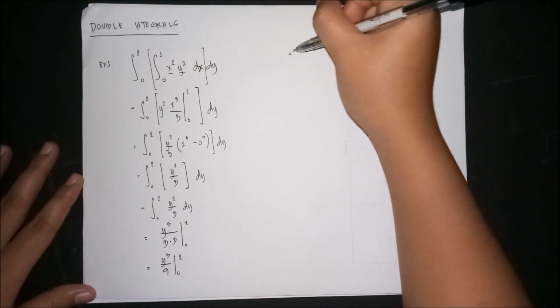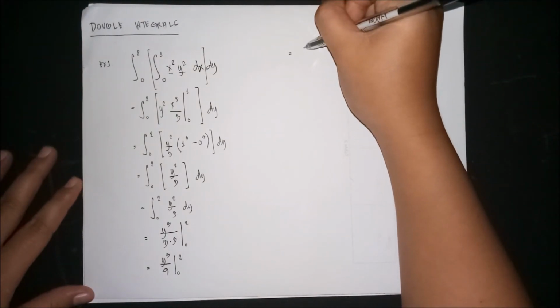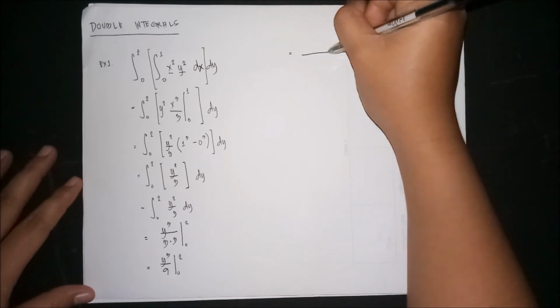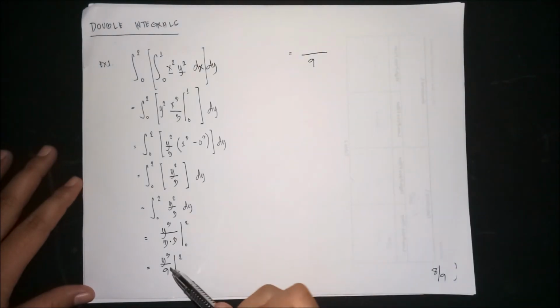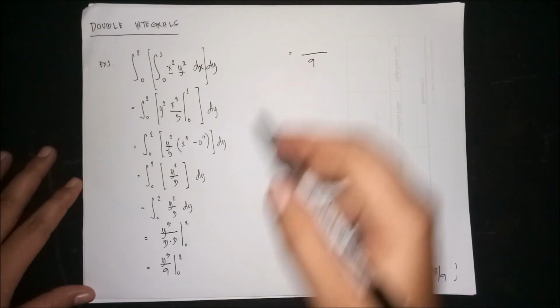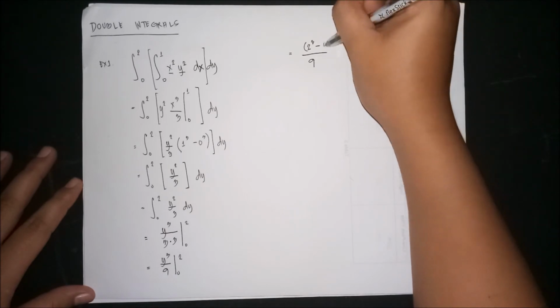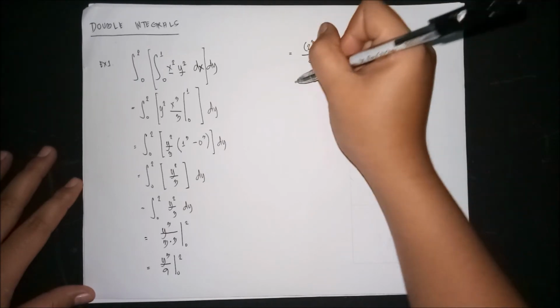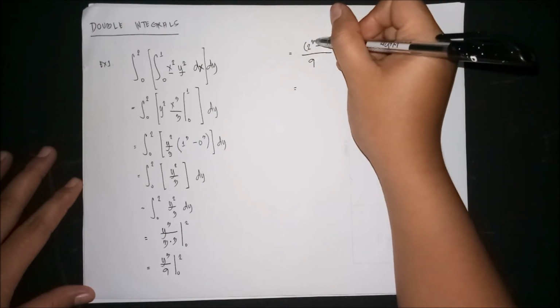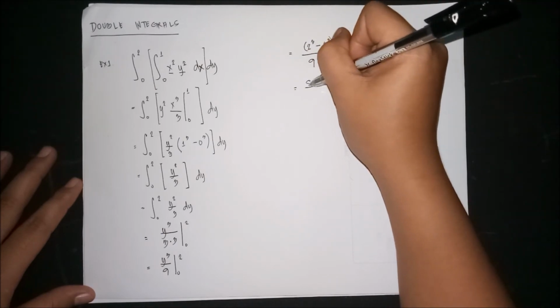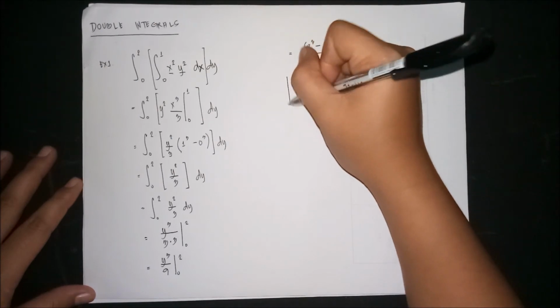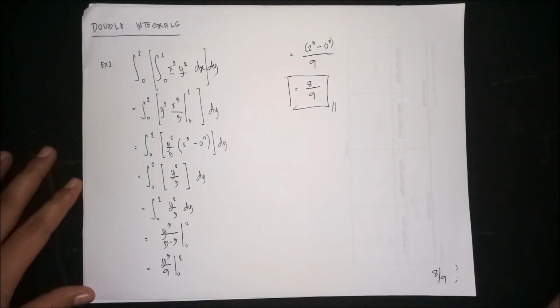I'll continue here, class. I'll write the 9, then we put in our limit. So this is now 2 cube minus 0 cube. So this becomes 2 times 2, 4 times 2, 8. This is now 8 over 9. And this is our final answer. So we have here our example number 2 for double integral.